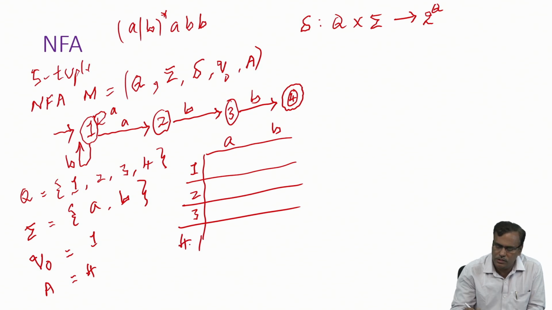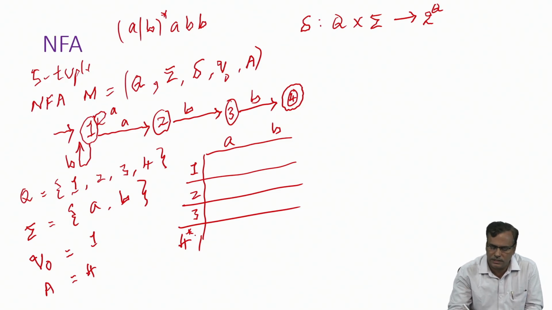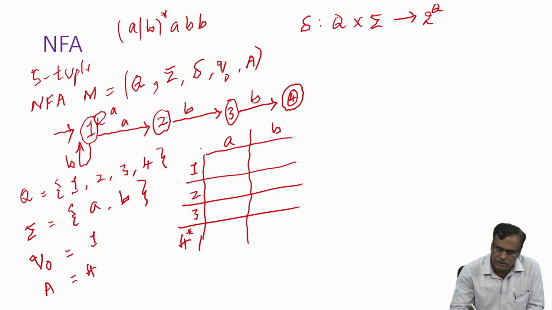In the transition table, the final state is marked with a star or double circle. Here 4 is the final state, which is also called the accepting state.